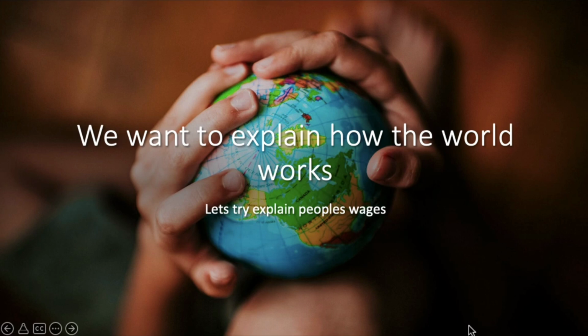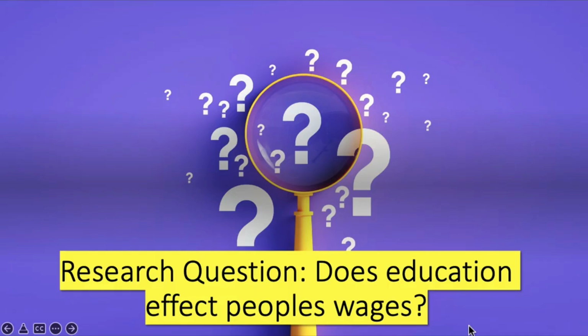And for today, our research question is going to focus on whether education affects people's wages. So, once again, the focus is whether education impacts wages. We know wages vary, but does education explain the variation of wages among people?